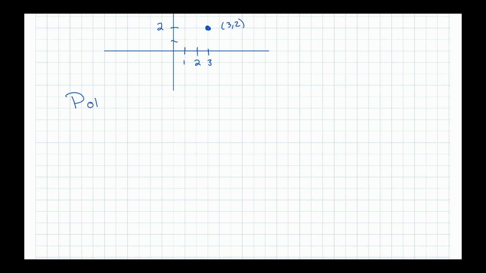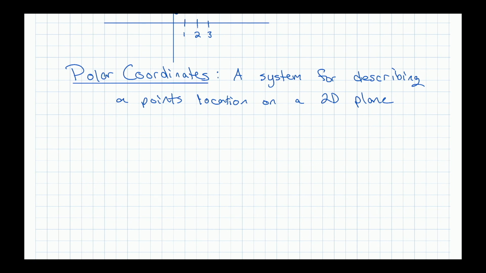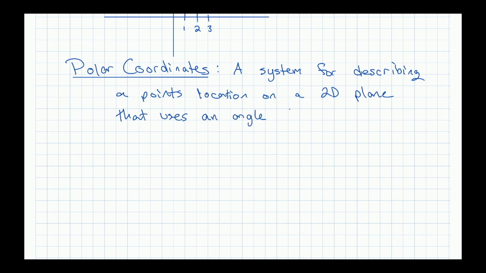So polar coordinates are a system for plotting points, or describing a point's location, on a 2D plane that uses an angle theta and a radius.